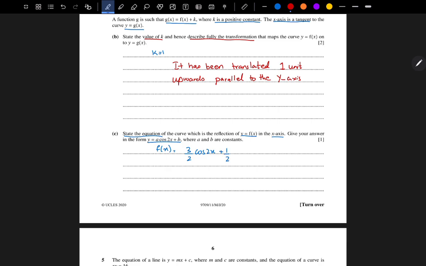Since this is a reflection in the x-axis, we need to apply a negative sign to the whole equation. So this will give us minus f of x equals minus 3 upon 2 cos 2x minus 1 upon 2, which is the final answer.